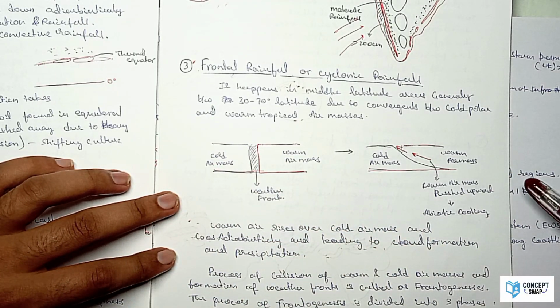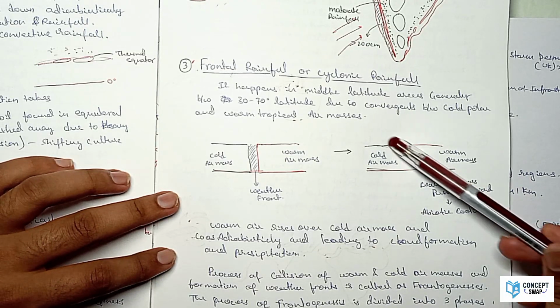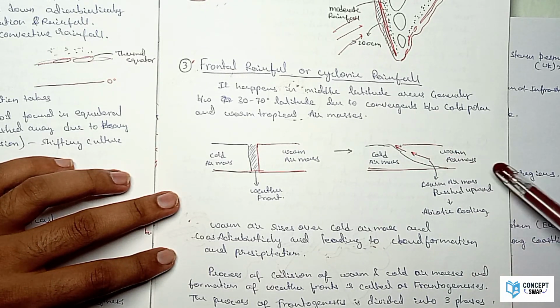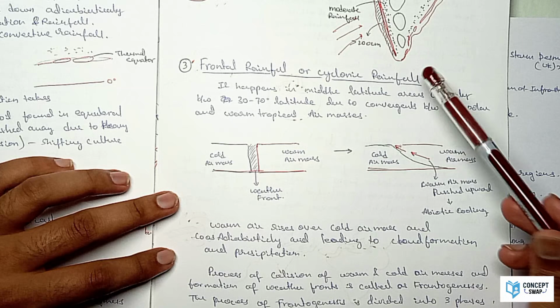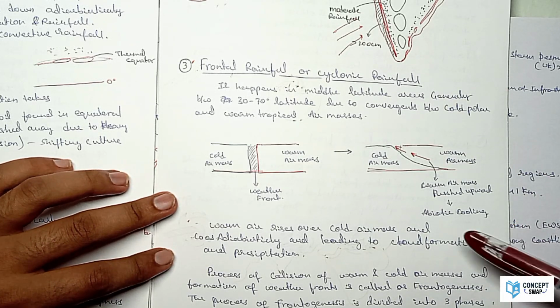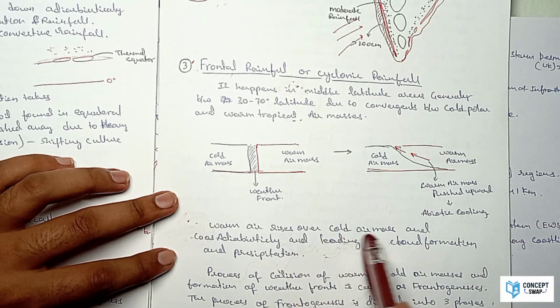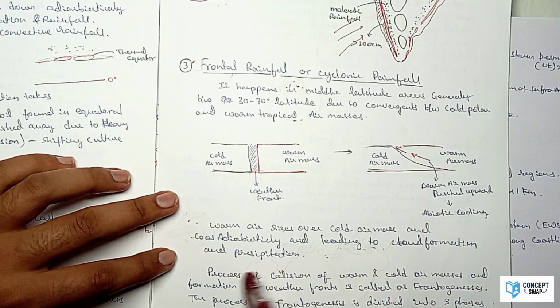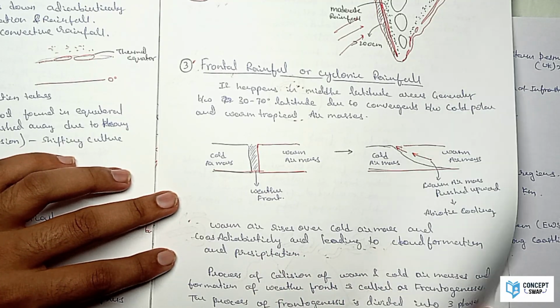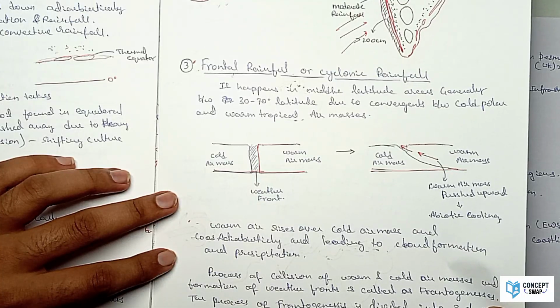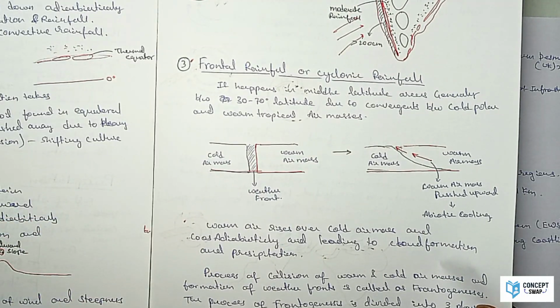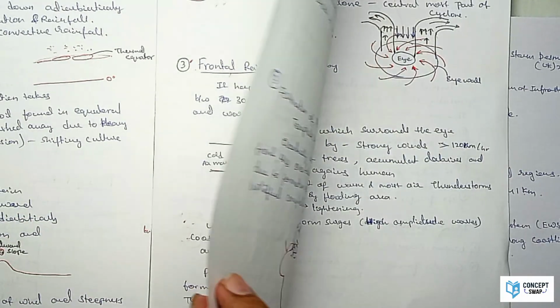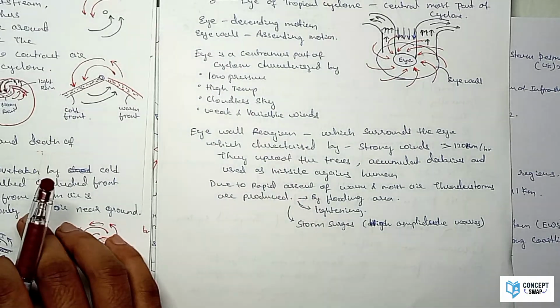When a warm front pushes in this direction, the warm air mass is pushed upward against the cold front. Adiabatic cooling will happen. The warm air rises over the cold air mass, and the adiabatic cooling leads to cold cloud formation. This process of the warm and cold air formation, the weather front, is called frontogenesis.